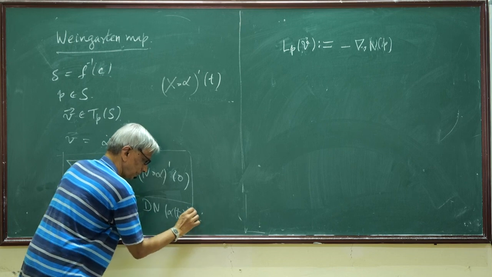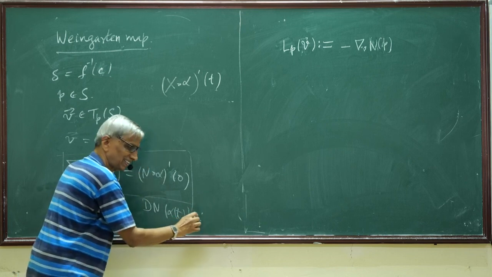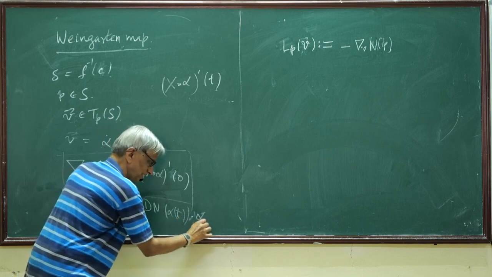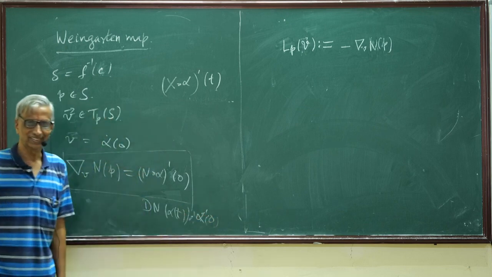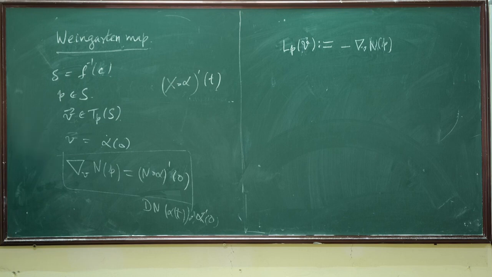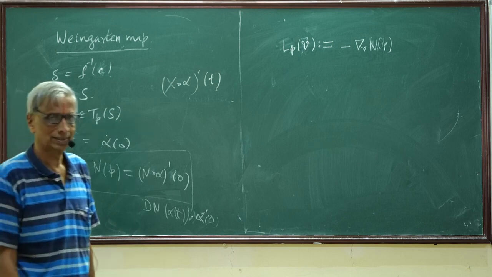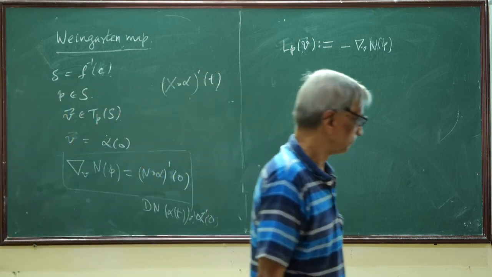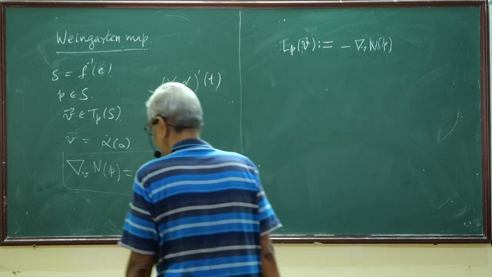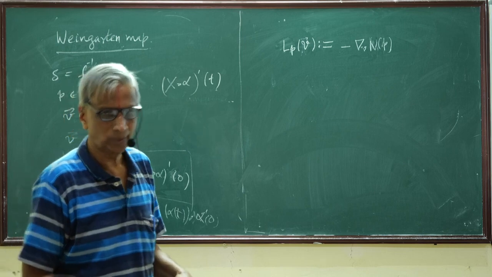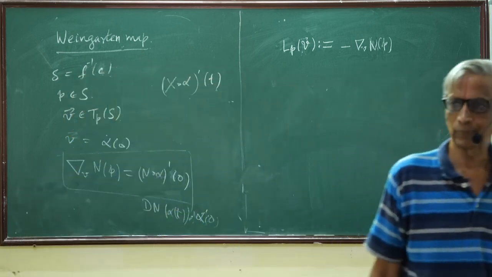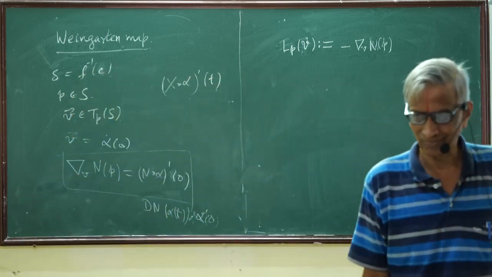Dot product of alpha dash or alpha dot or whatever. So what is the object on the right hand side? What is the map? What is your L_P then? What does it do?